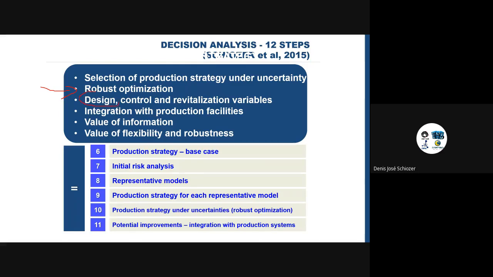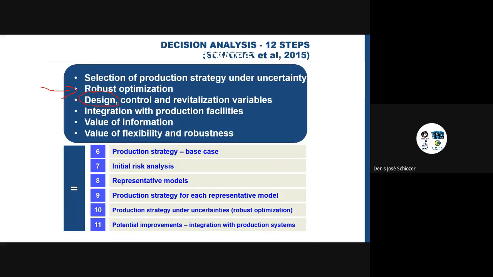The first one we call design variables, which are the variables that we normally select to develop a field. For example, the size of the platform, the number of wells, the position of wells, whether you're going to have valves, intelligent valves or not. So all these decisions that we have to take before we develop the field, we call design or project variables, okay?